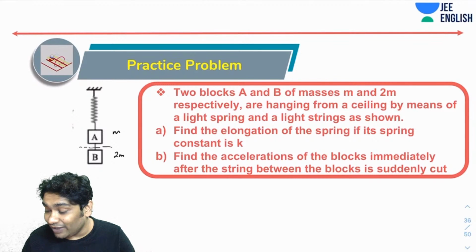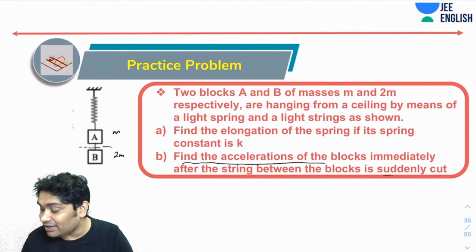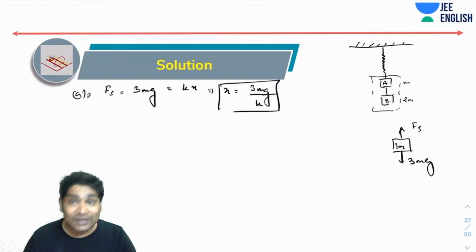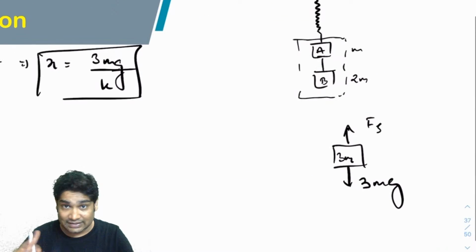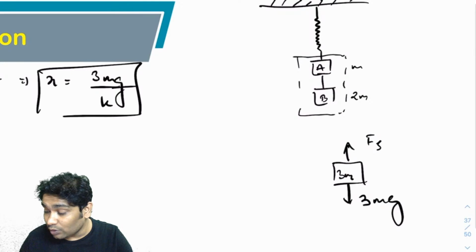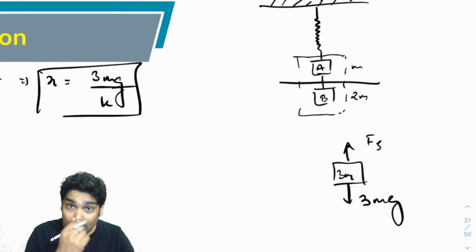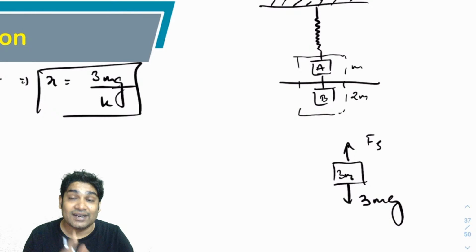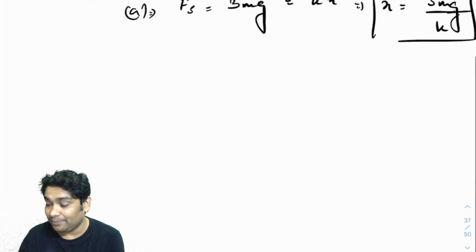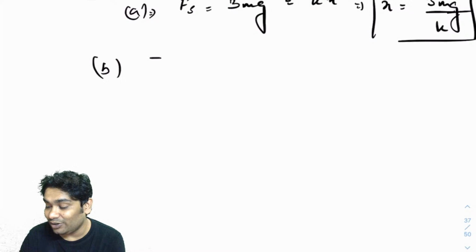Now is the problem. When this string is suddenly cut, what happens? When you cut this suddenly, the tension force would disappear suddenly, but the spring force never changes instantaneously. So just after cutting the string, let's see what the FBDs look like.